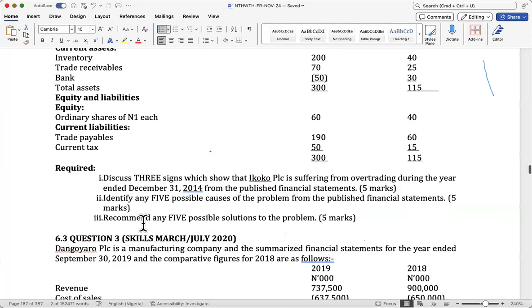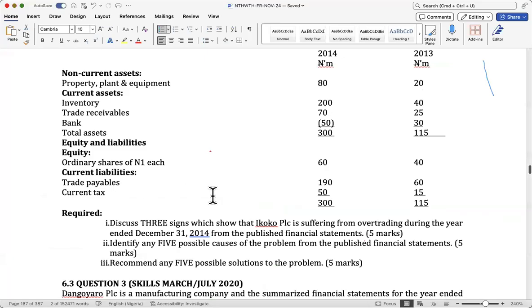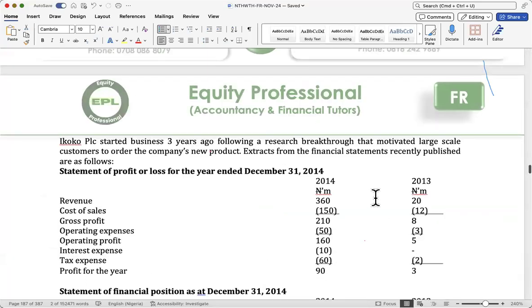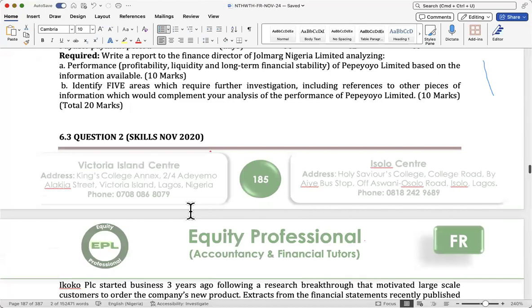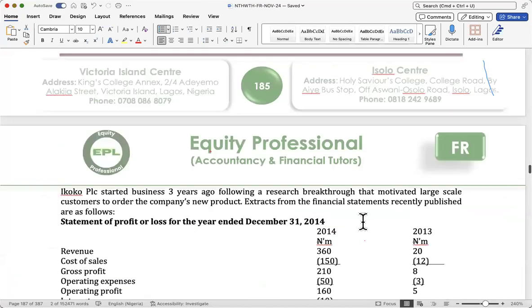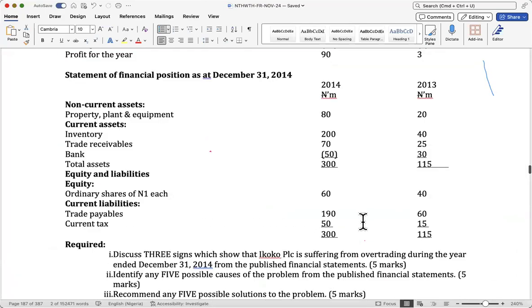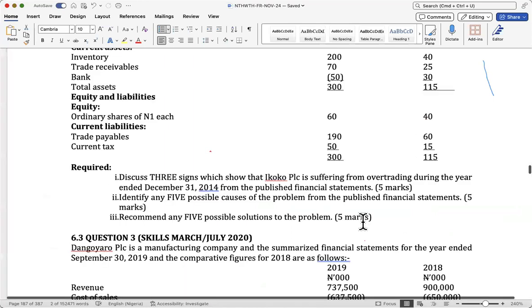They said, discuss 3 signs which show that Ikoko is suffering from overtrading during the year. Identify 5 possible causes from the financial statement. Recommend 5 possible solutions. 50 marks. And if you look at it, all those things I've mentioned are there. Look at the guy.